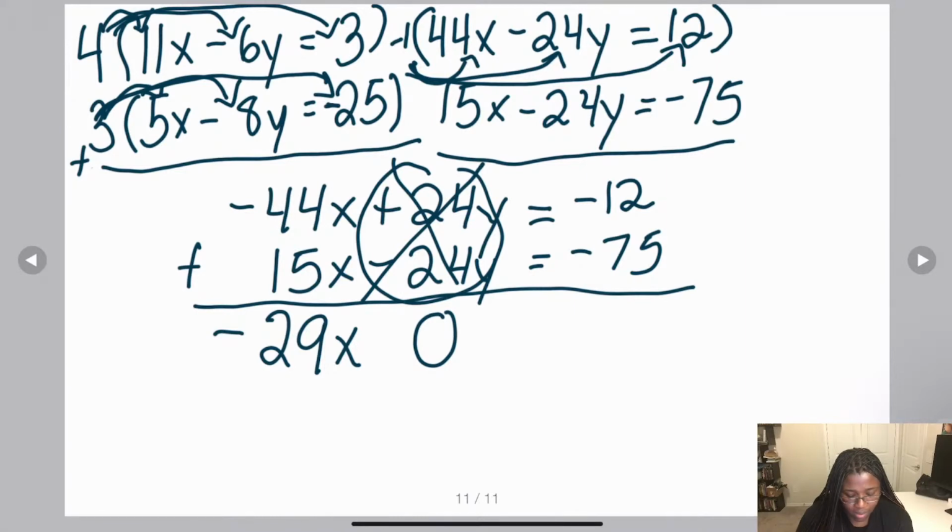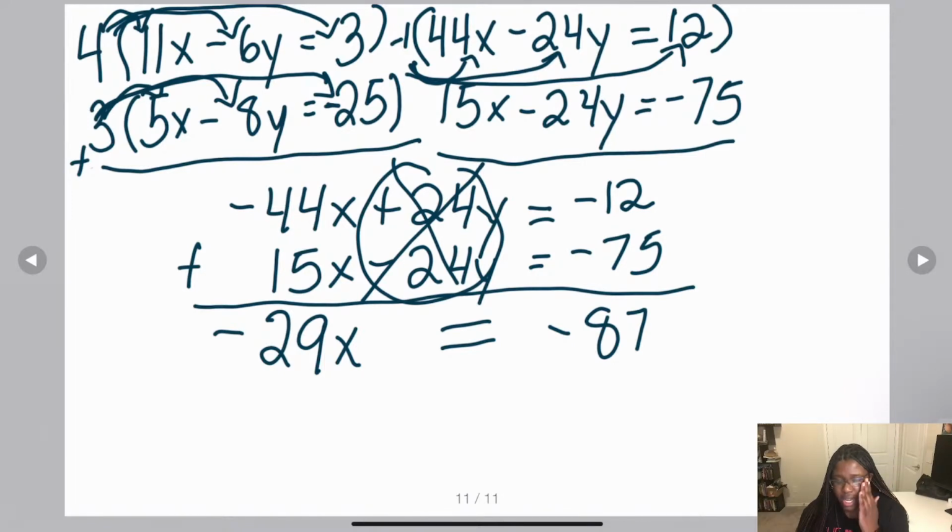And then -12 plus -75 will give us -87, right? So I'm going to erase this 0 in the middle because we don't need it. So in the middle here, we have actually just an equal sign.